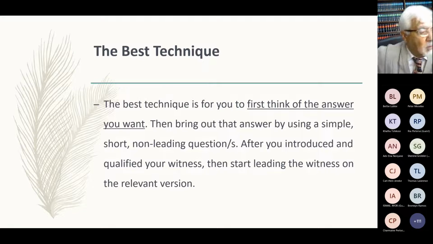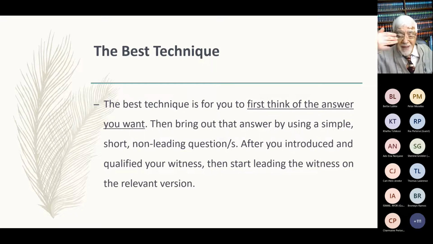Now, what's the best technique? The best technique is first think of the answer you want. Now you're leading your witness in chief. You want a certain answer. You want certain evidence to come out. So you will ask the question based on the answer you want. Don't merely ask questions and hope the right answer comes out.